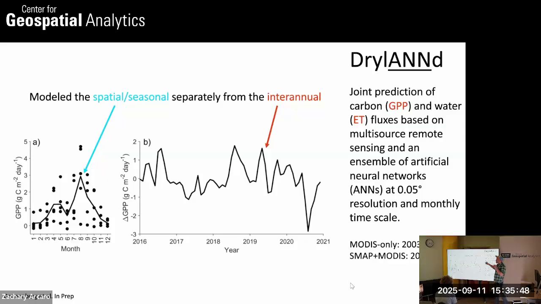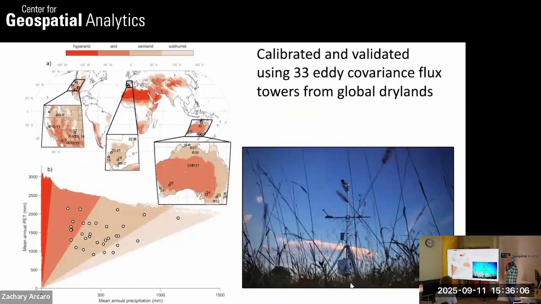And this is one of the new things about our model that's different from a lot of other models. There's a couple other models that use artificial neural networks just like us, and that use very similar inputs as us. This is the thing that we think is going to help us to specifically get at the interannual variability of these systems. We calibrated and validated our model using 33 eddy covariance towers that are specifically in dryland ecosystems.